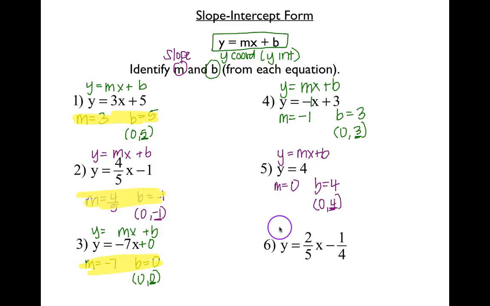Now, last but not least, we're going to write this down once more. Y equals mx plus b. Here, the slope is your coefficient, so that's going to be your 2/5. And your b, which is the y-coordinate of the y-intercept, is going to be -1/4. So here, what is the actual y-intercept?